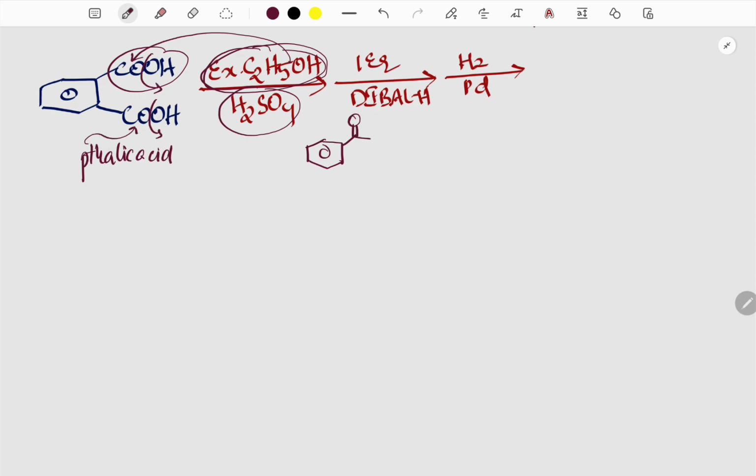So this is the corresponding carboxylic ester. Now this carboxylic ester is treated with 1 equivalent of DIBAL-H at minus 78 degrees Celsius. So H minus attacks, the leaving group leaves.